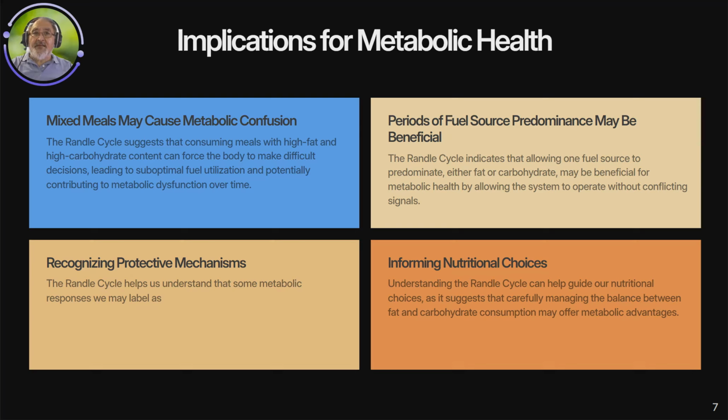This may explain why some research suggests that diets that minimize simultaneous fat and carbohydrate consumption might offer metabolic advantages for specific individuals. So one of the things I always stress is don't bring in carbohydrates when you're eating fat and protein at the same time, which is where a carnivore type diet is perfect. You're eating fat and protein and you're not taking in any carbohydrates, right?